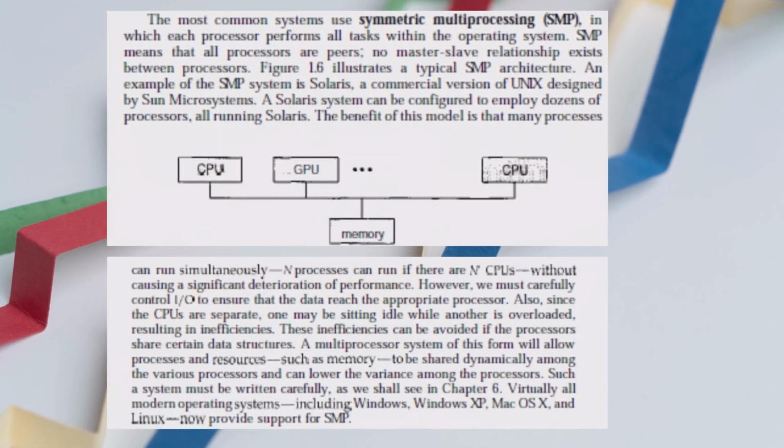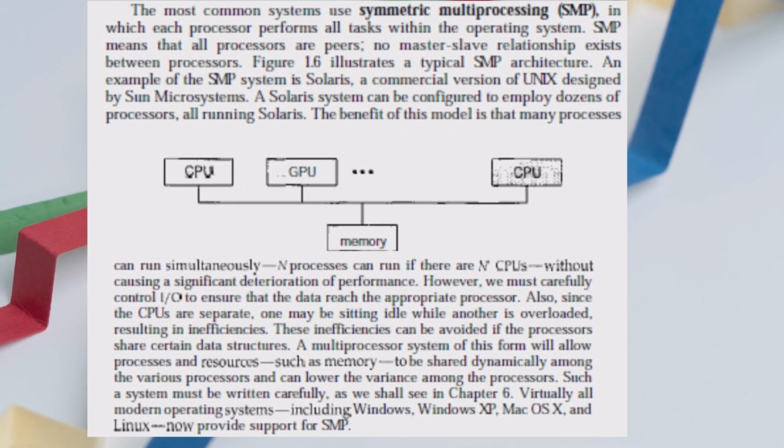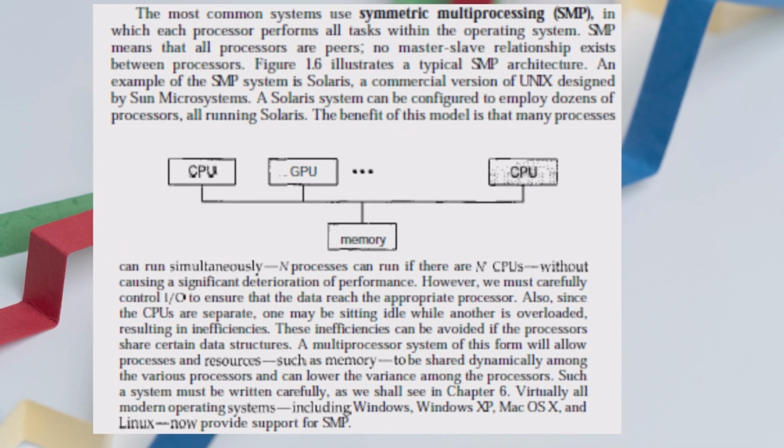The most common systems use symmetric multiprocessing, SMP, in which each processor performs all tasks within the operating system. SMP means that all processors are peers. No master-slave relationship exists between the processors. An example of an SMP system is Solaris, a commercial version of Unix designed by Sun Microsystems.